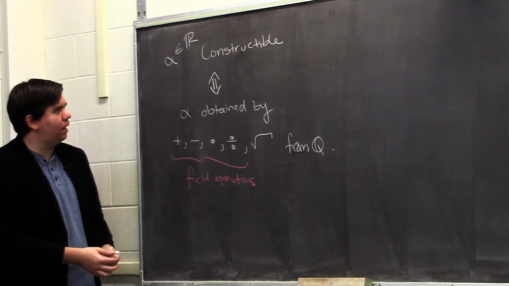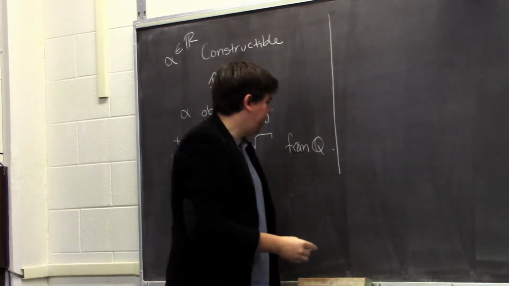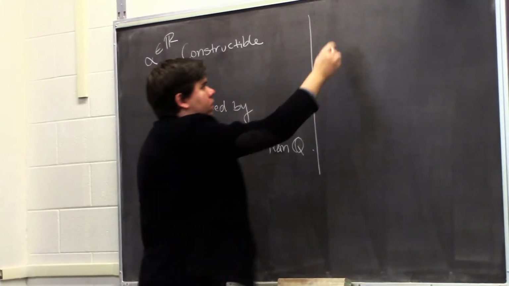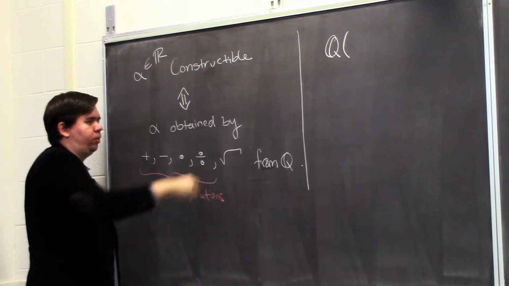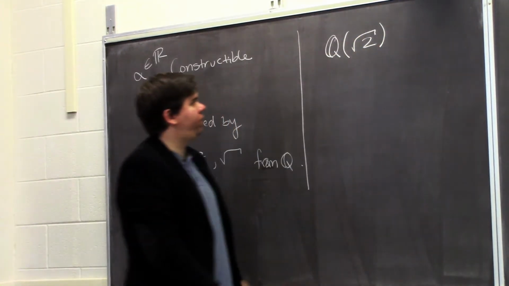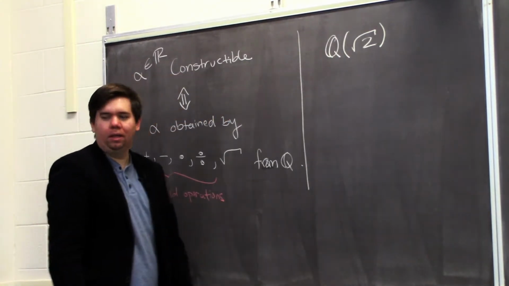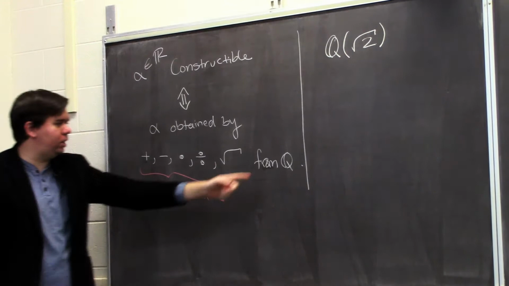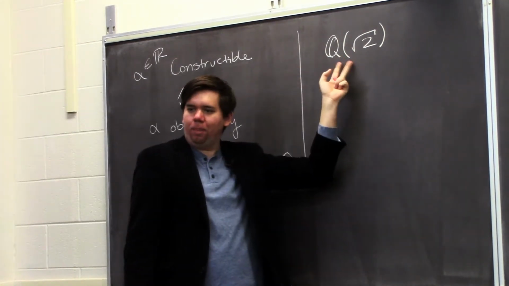So we saw last time that we can introduce a new field by starting out with Q, but then adding something that involves a square root. We looked in particular at the square root of 2. So this is the field of rationals extended by root 2. There's more things in there than just in the field of rationals. The field of rationals is a subfield of this, but this is bigger.